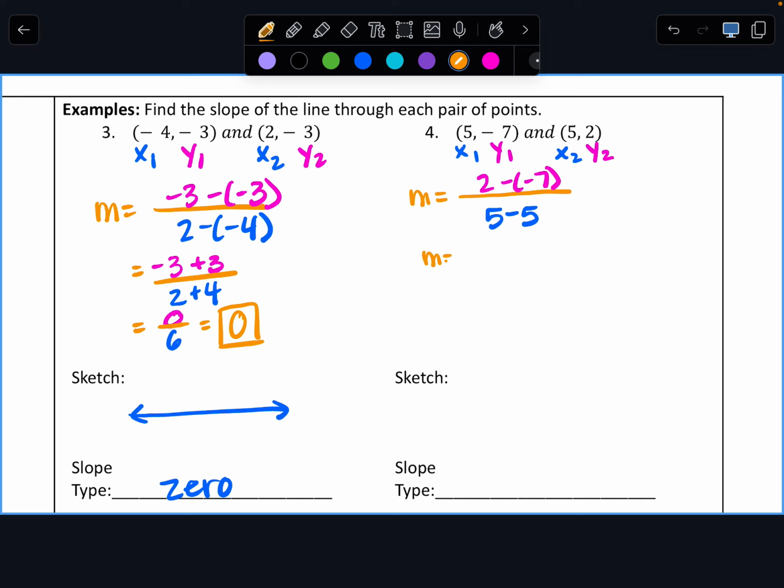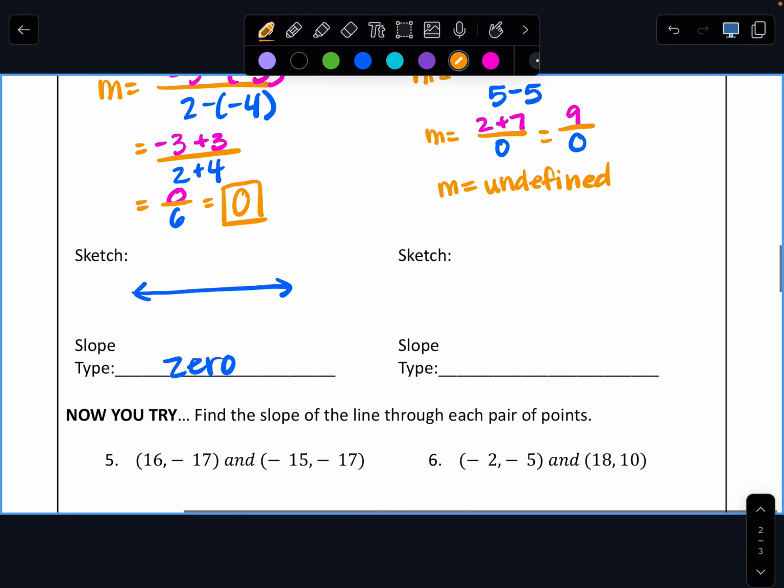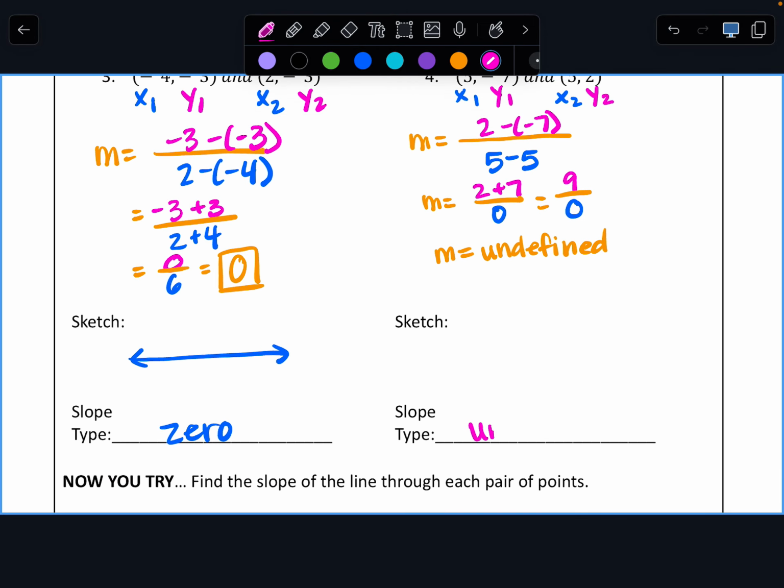To simplify this, we have 2 plus 7 over 0, or 9 over 0, but anything over 0 is undefined because you cannot divide by 0. So my slope is undefined. An undefined slope is a vertical line. So my slope type is undefined, and the sketch would be a vertical line.